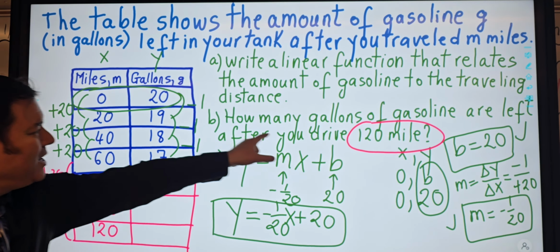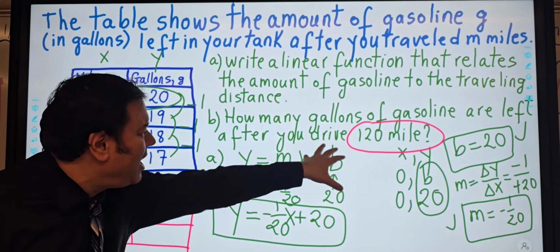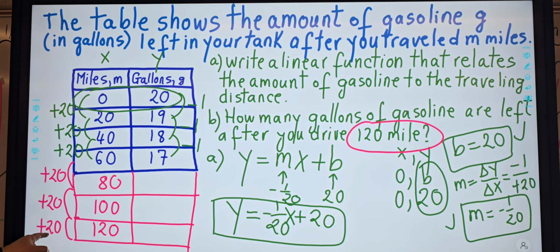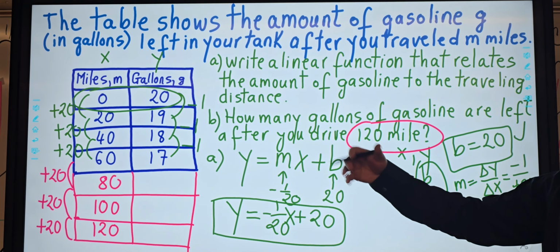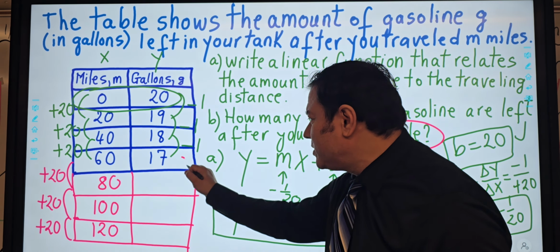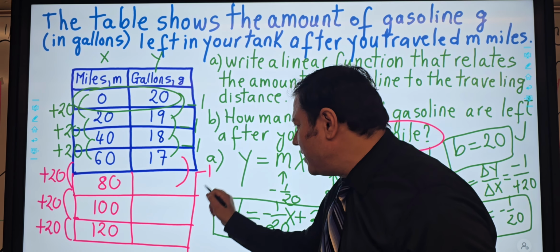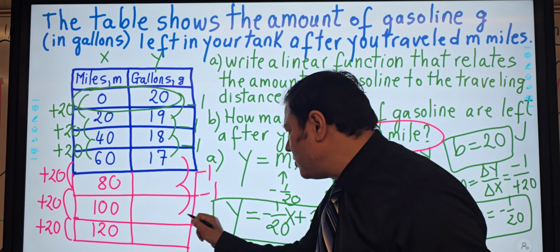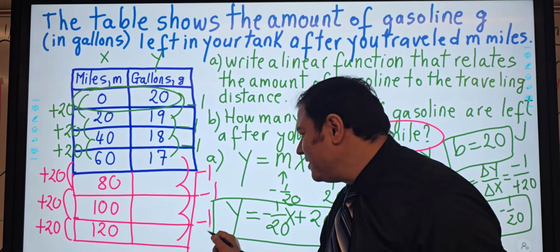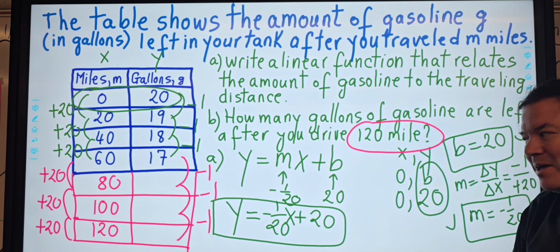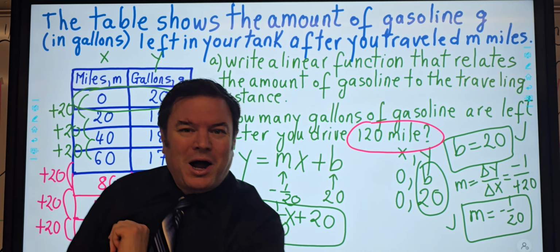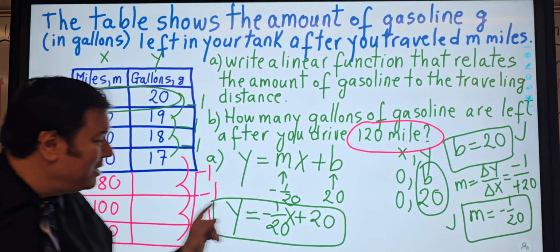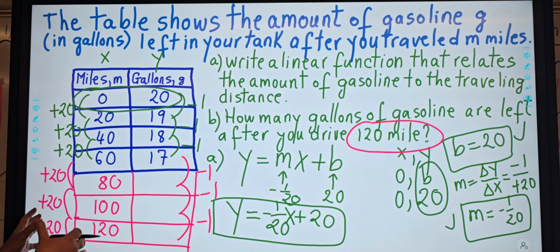Because we want to find how many gallons are left after you drive 120 miles, right? So now let's take a look at what's going to happen to the gallons. Again, each time we subtract 1. I want you to share with your partner or some member of your family if you are working on this problem.